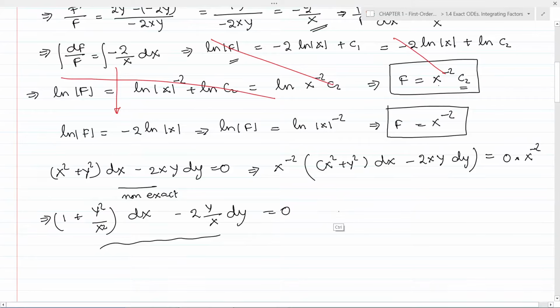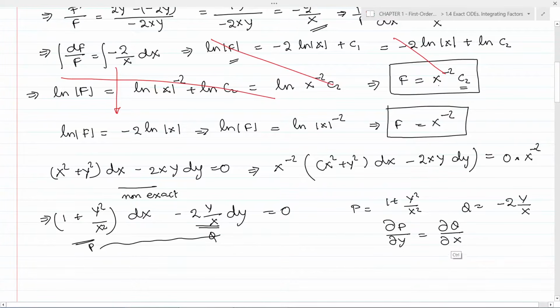You can verify by taking this first one. Let us assume this one is P equal to 1 plus y square by x square, and this one let us assume as Q, and Q equal to minus 2y by x. You can verify that del P by del y equal to del Q by del x.